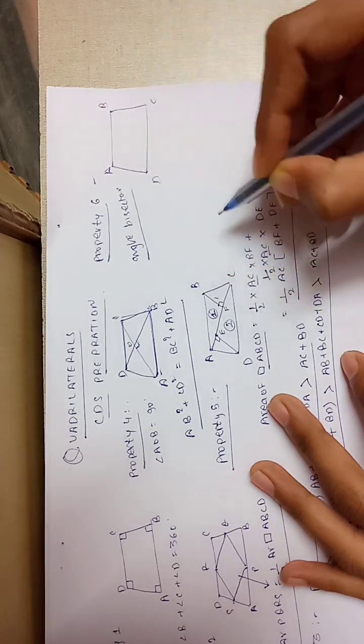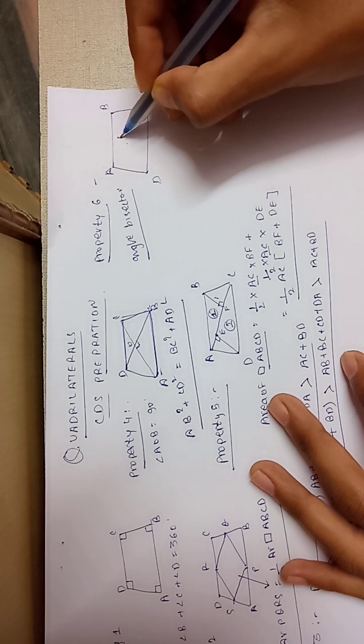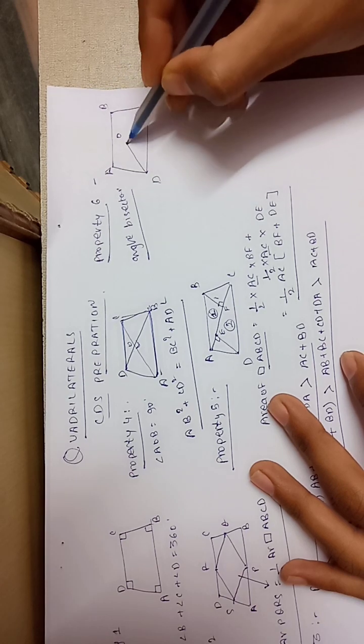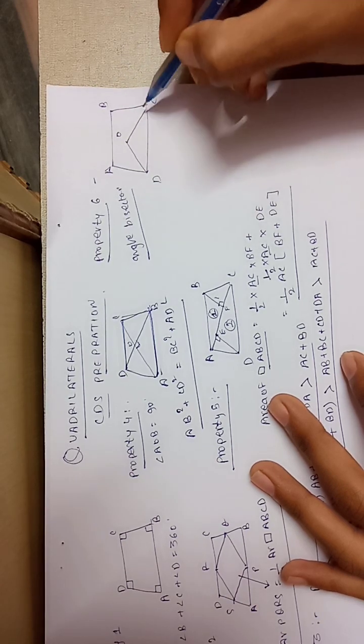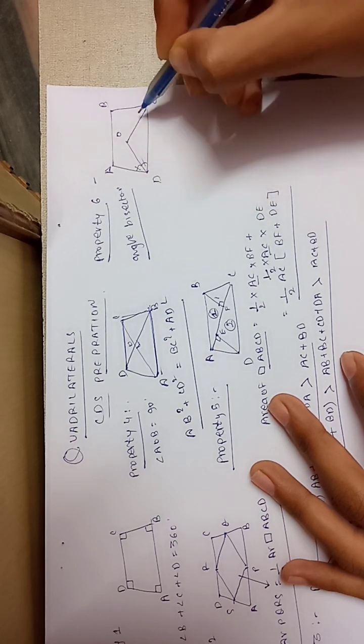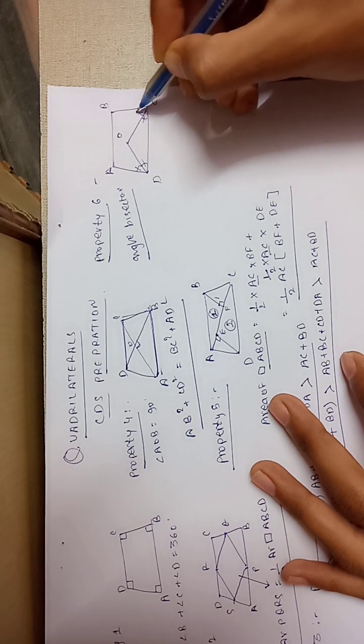We take any point inside the quadrilateral ABCD and join the angle bisectors, considering that DO is the angle bisector, so these angles are both the same, and AO is the angle bisector, so this angle is also the same.